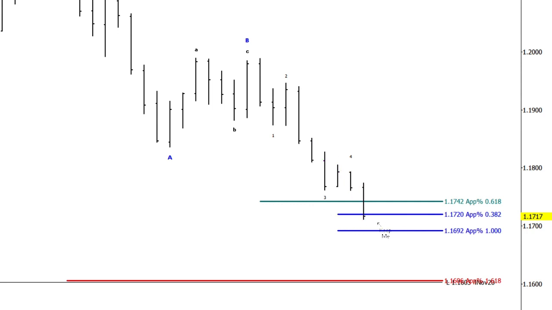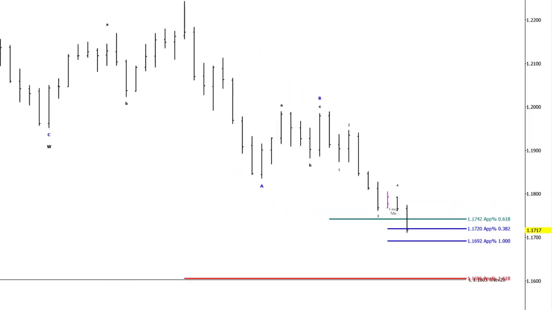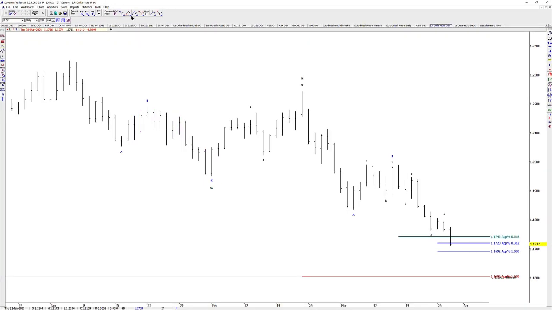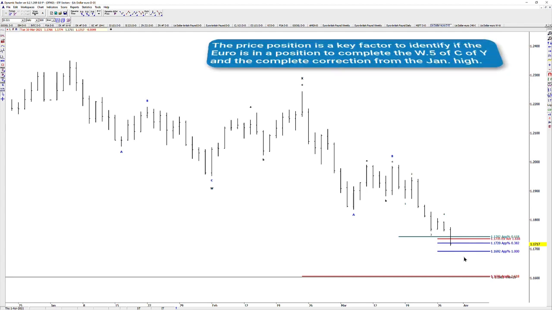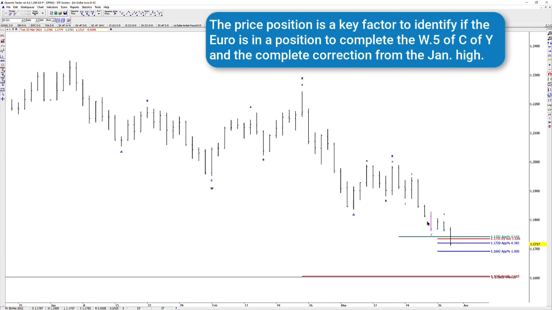Now I can just look at this and say it's considerably more than the 162% external retracement of the wave 4. There's the 162. So we're near what should typically be around the maximum of a wave 5. We've reached the minimum for the wave C. We should be looking at any time we get a reversal signal that would indicate this wave C is complete.